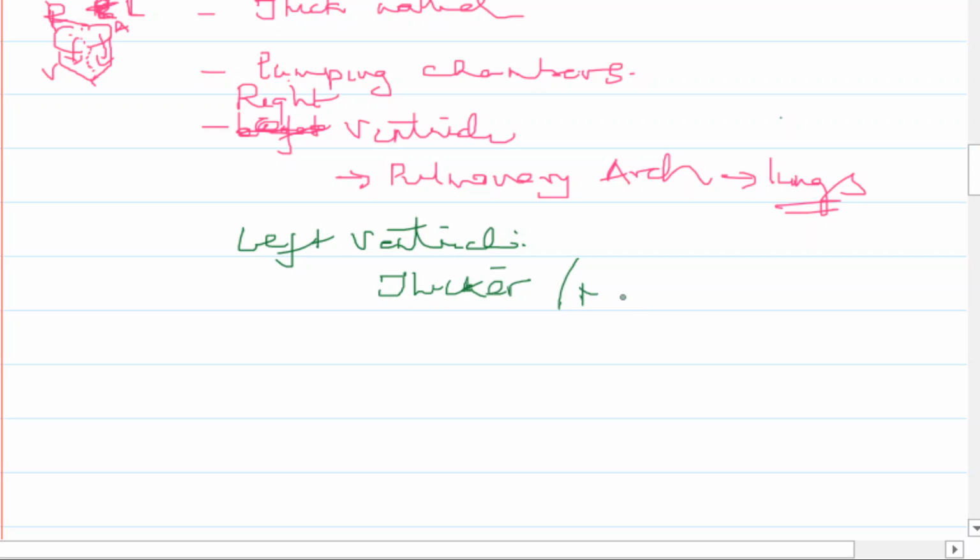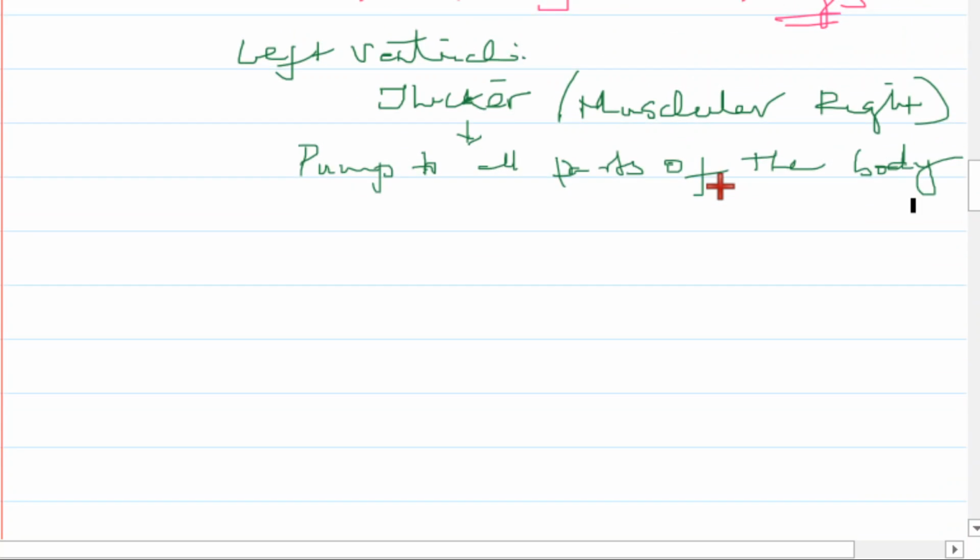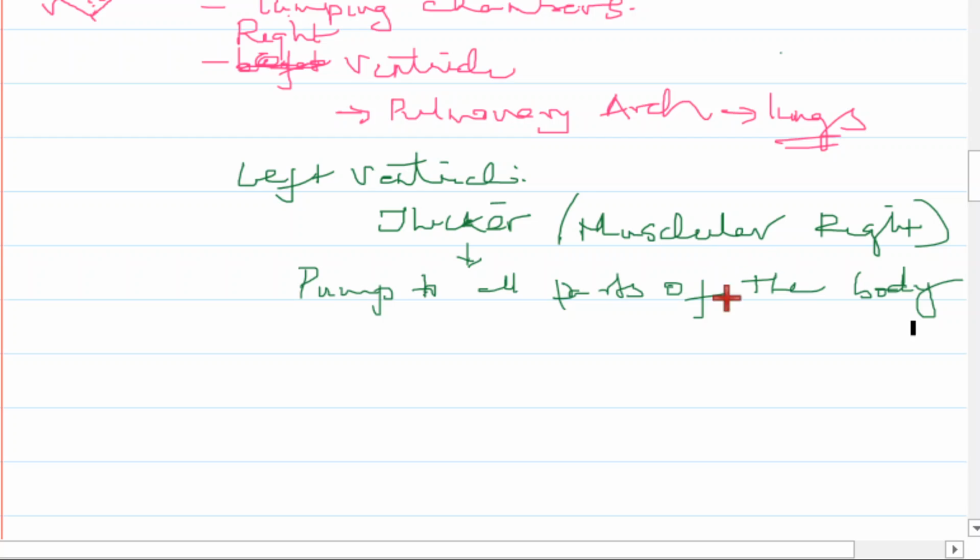Why do you think that is? That is because it has to pump blood to all parts of the body. So that's why it is a little bit thicker and muscular.